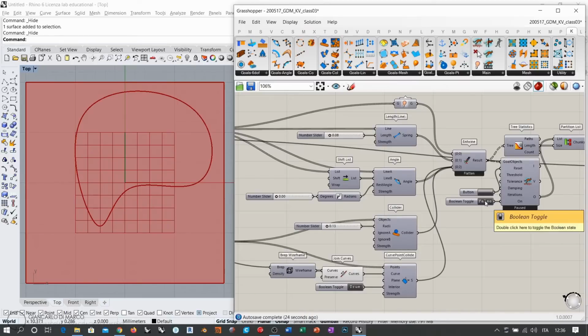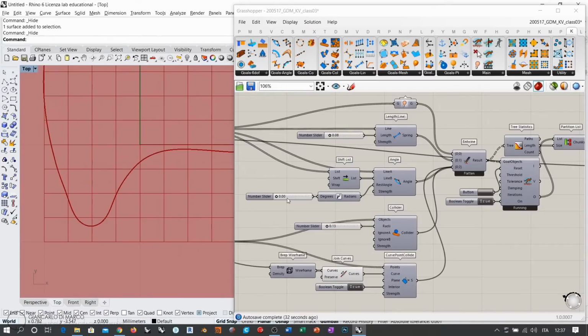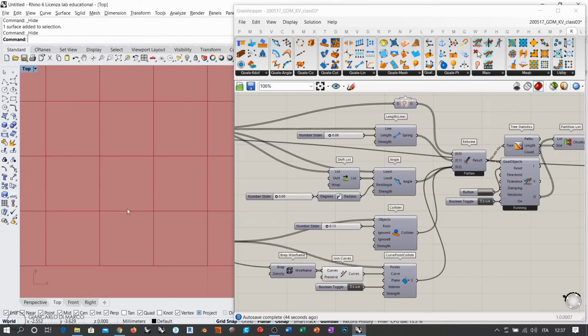So if I now run this, the curve starts to expand a little. You see that it's adjusting its shape, but now there is also a limit for the angle between two segments. This part that was expanding downward is no longer expanding because the expansion will alter the angle between two segments.